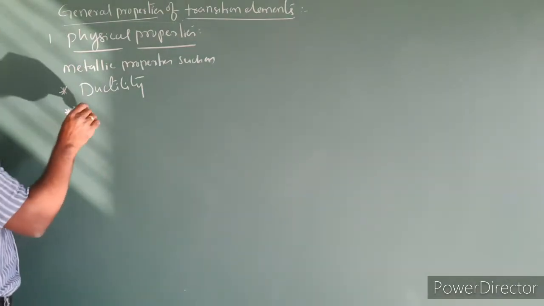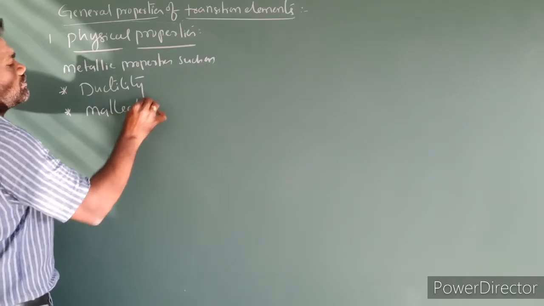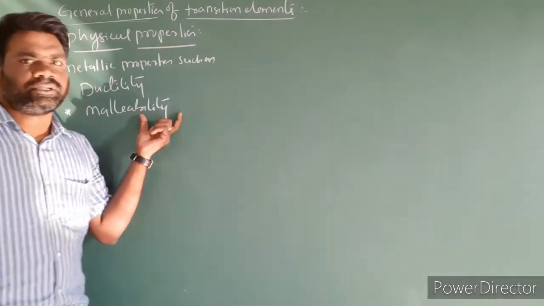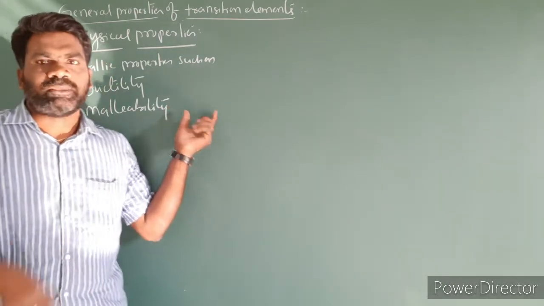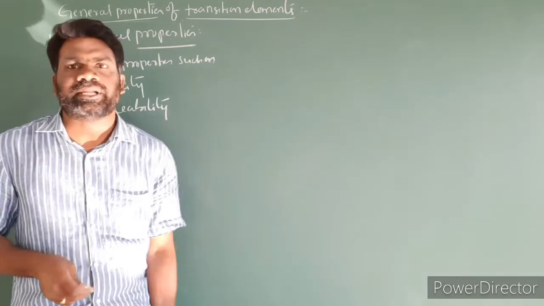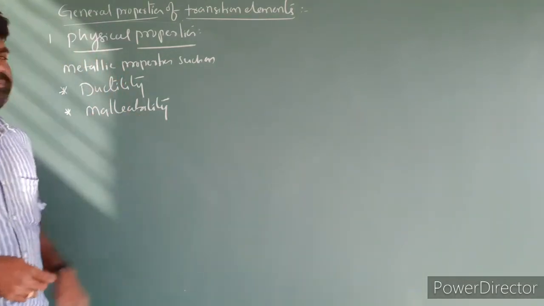The second one is malleability: the metal is hammered into a thin sheet without breaking. That is malleability, also a property of metals.